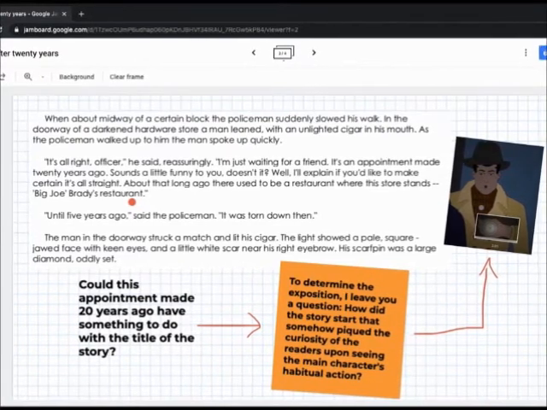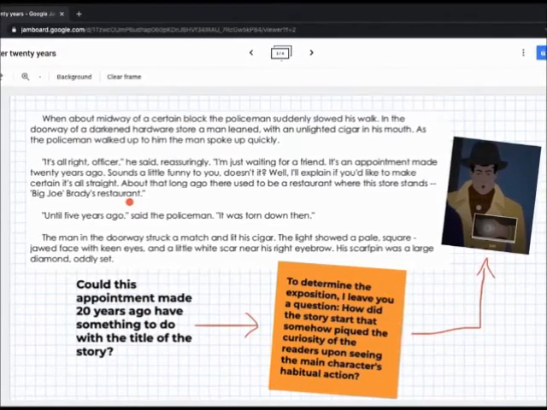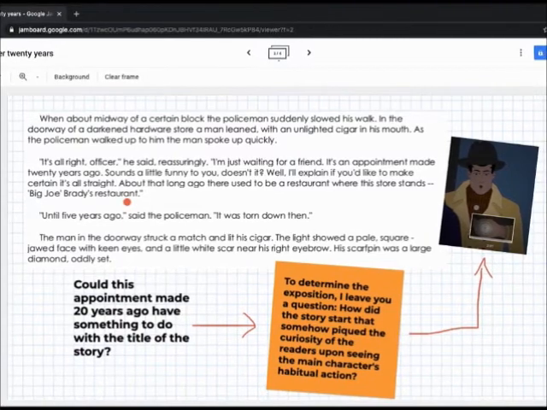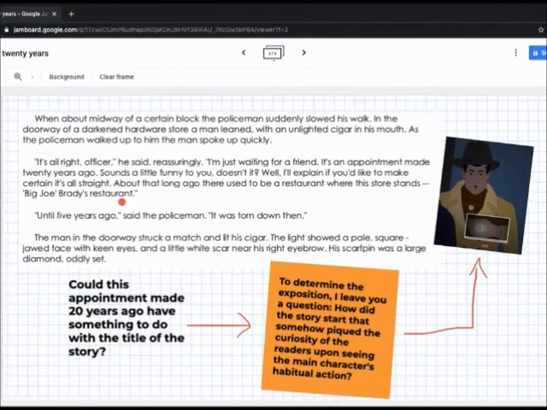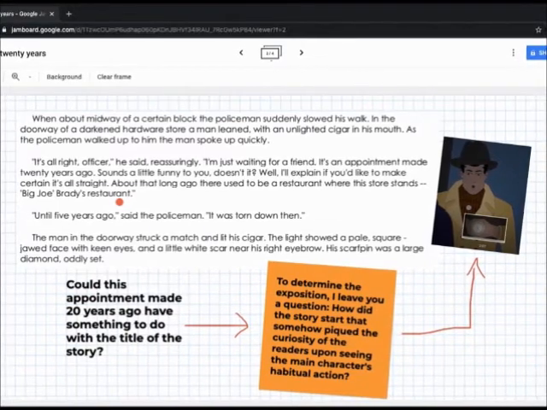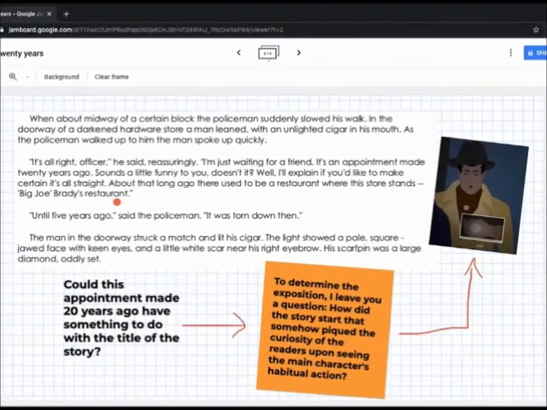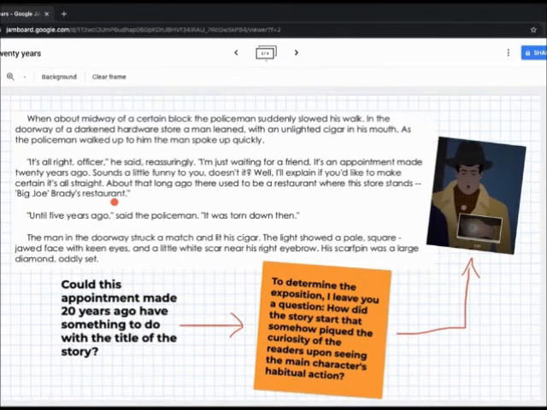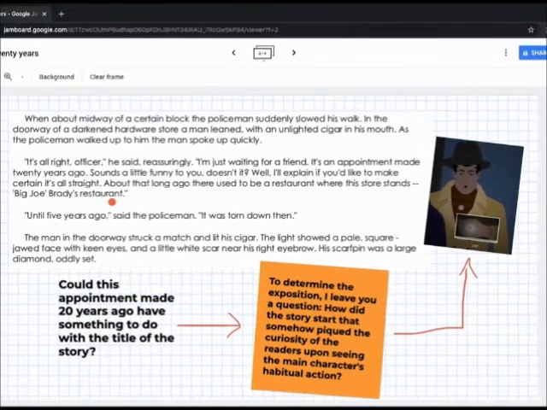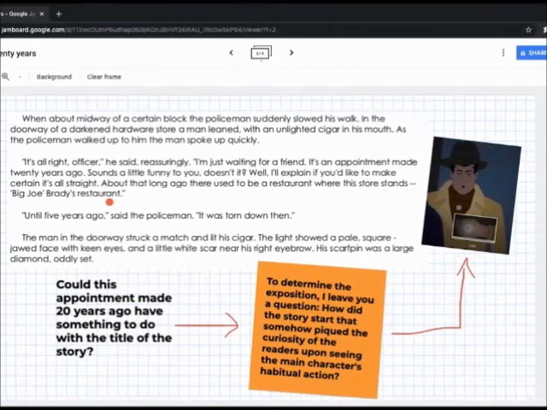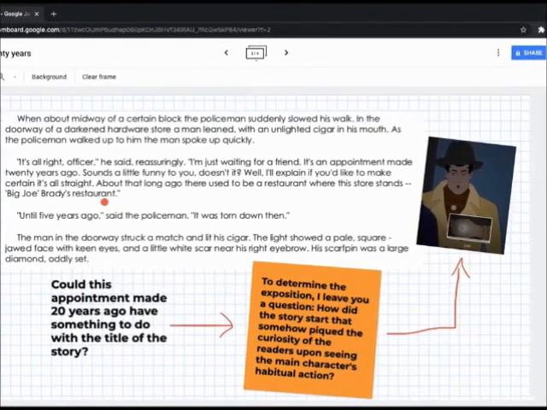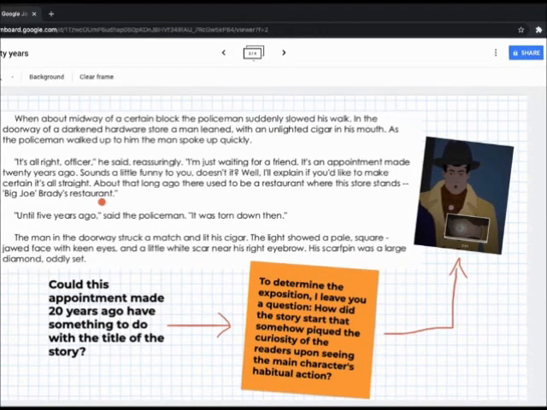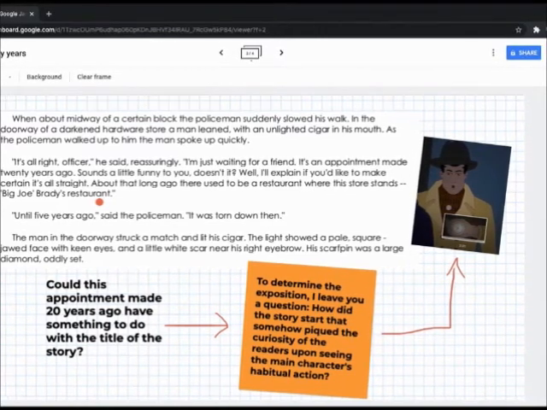In my answer, I guess it's a yes. This appointment made 20 years ago could have something to do with the title of the story. As mentioned earlier, this story tells about two friends who have been separated for a long time. They made a promise to meet at the hardware store, and the title also shows the opposing views of two characters in terms of how they deal with life.